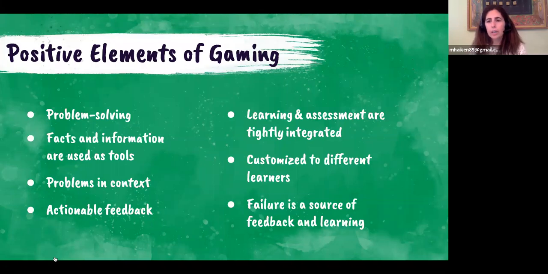You have that actionable feedback. You know that even if we're thinking about video games, once you die, that is instant feedback. You go right back in and you take what you learn to move forward. And that learning and the assessment are really tightly integrated, and it's customized. And failure is a source of feedback and learning.